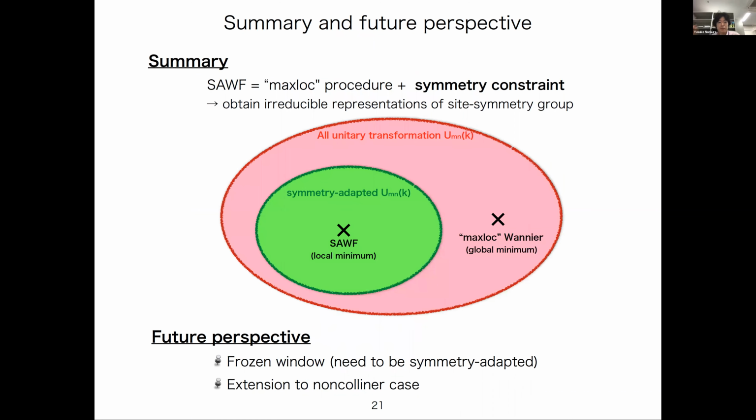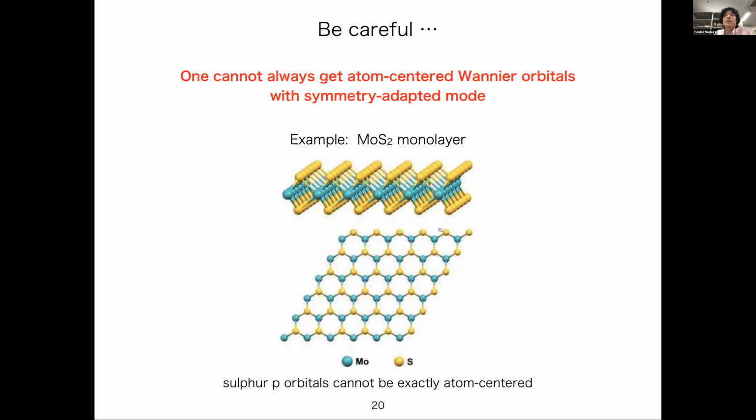Okay, so I also have another question. Does symmetry adapted Wannier function work for lower dimensional material? Yeah, for example, this is the case of the two-dimensional material, the monolayer molybdenum disulfide.